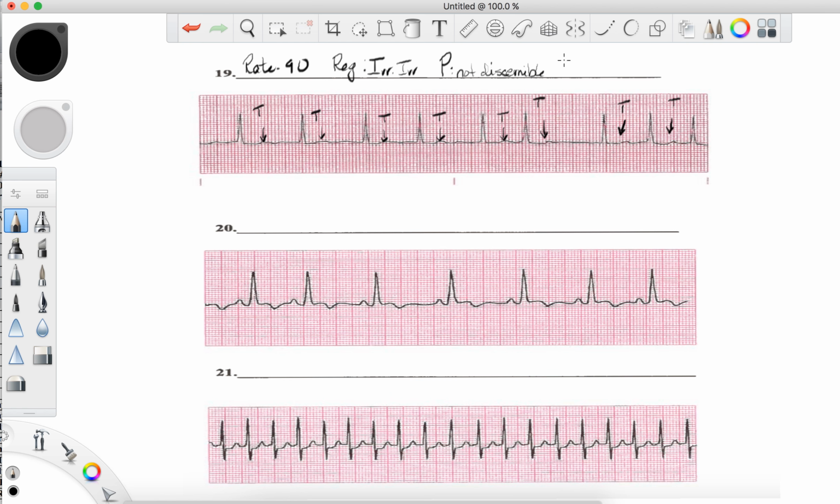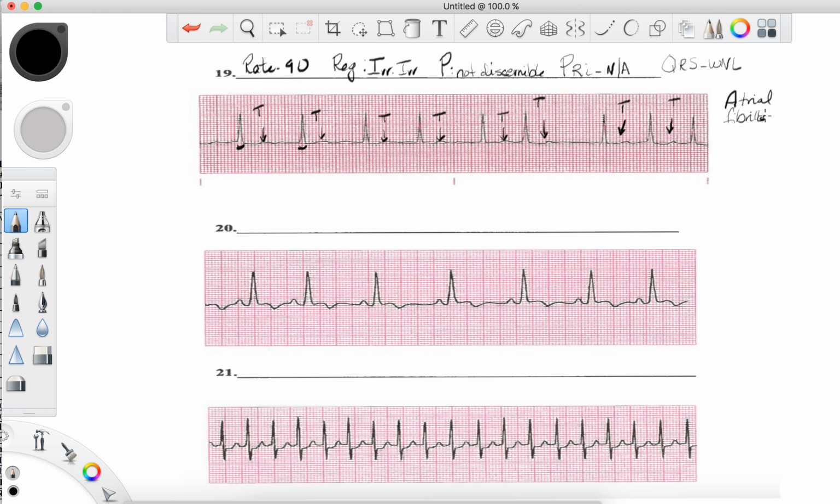So if you don't have any P waves that you can see, then you don't have a PR interval either. And yet the QRS is still normal. So if we apply our rules religiously, we know that if we have a rate of 90 that's very irregular with no P waves that you can discern and no discernible PR interval, but you still have a narrow QRS, then we know this is atrial fibrillation.